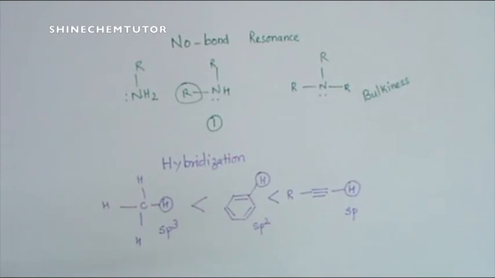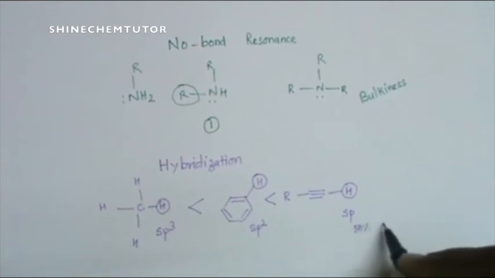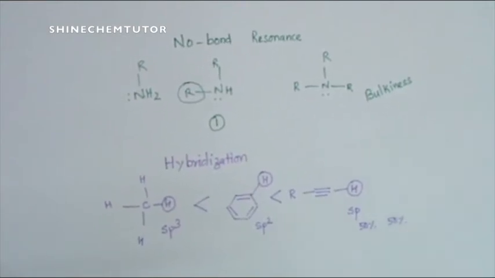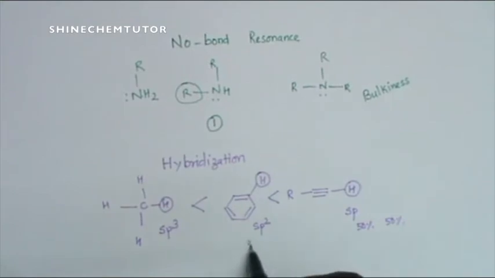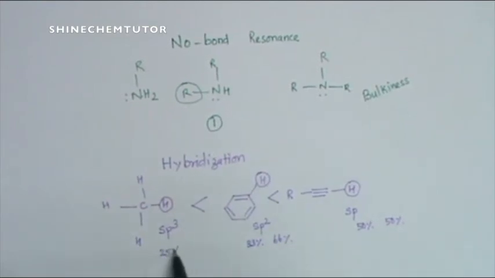What is the reason? When it is sp hybridized, the S character is 50%, P character is 50%. When it is sp2 hybridized, 33% S character, 66% P character. When it is sp3 hybridized, 25% S character, 75% P character.